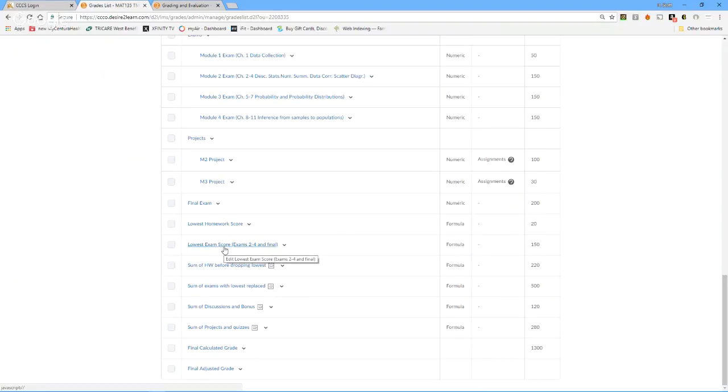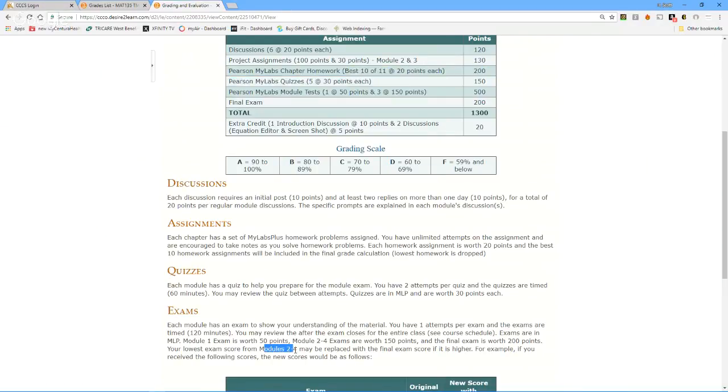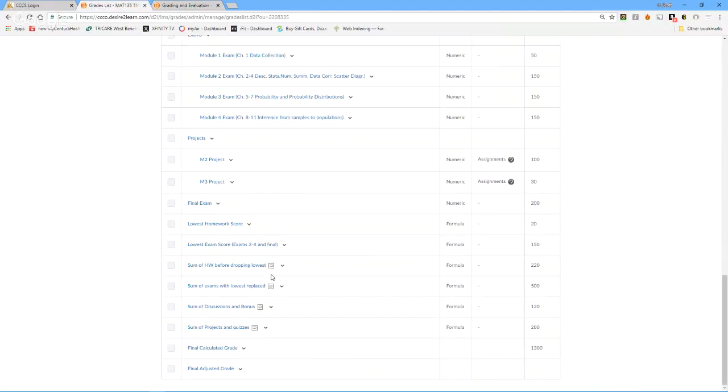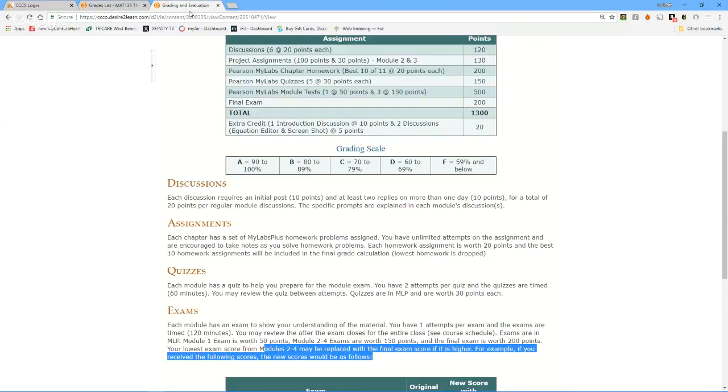The lowest exam score: from our syllabus, the module 2 through 4 exams are going to be replaced with the final exam score if that is higher. So I did another formula. This one's a little harder because each of those 3 exams is worth 150 points and the final exam's 200 points.